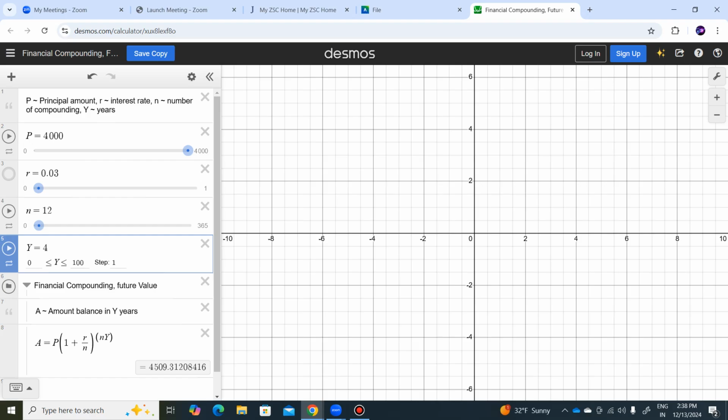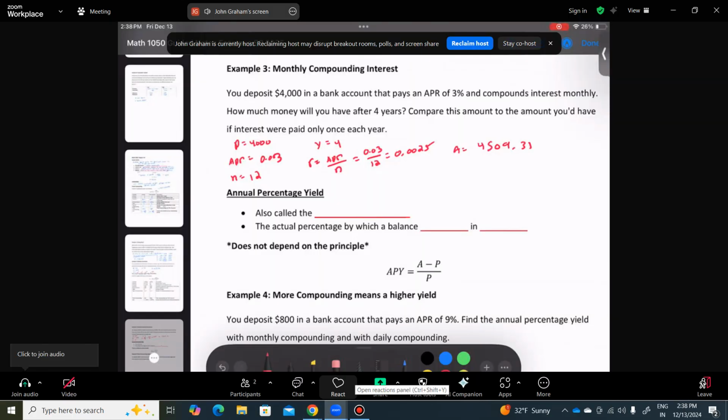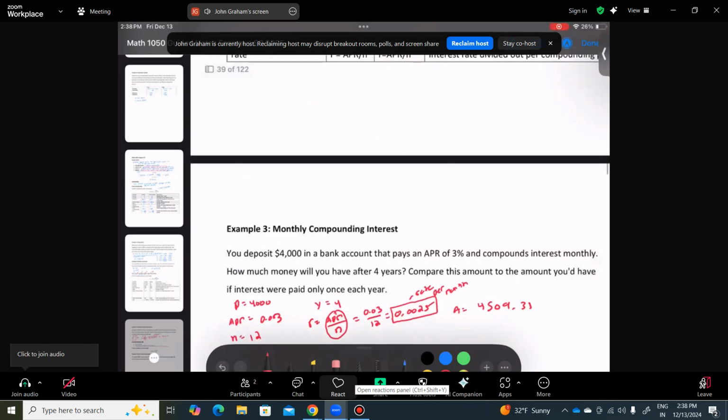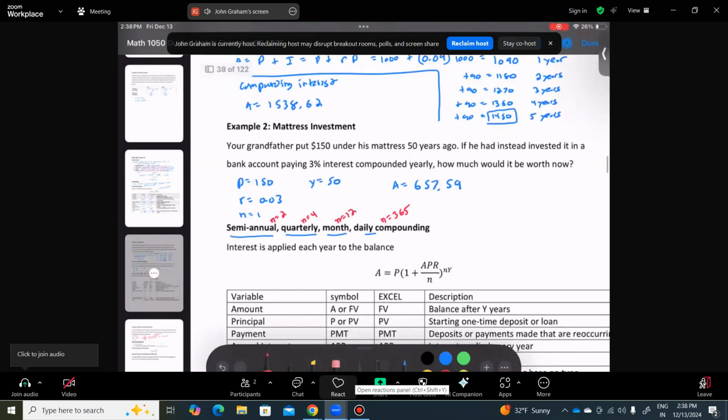Okay, and so you end up with an amount that's $4,509.31. Okay, I'm showing you this because this is the rate per month, but that is not what you include into the Desmos calculator. You will input in your APR because, again, the APR per month is what's part of your formula here.